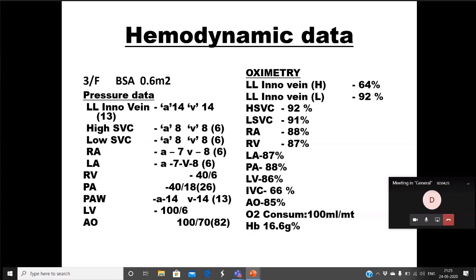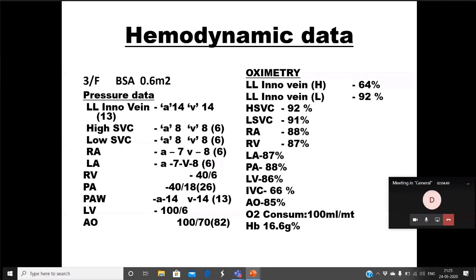Left innominate vein is 64 at the upper level and the lower at 62. That's 92. And so there is a step up at the lower left innominate vein. High SVC is 92.